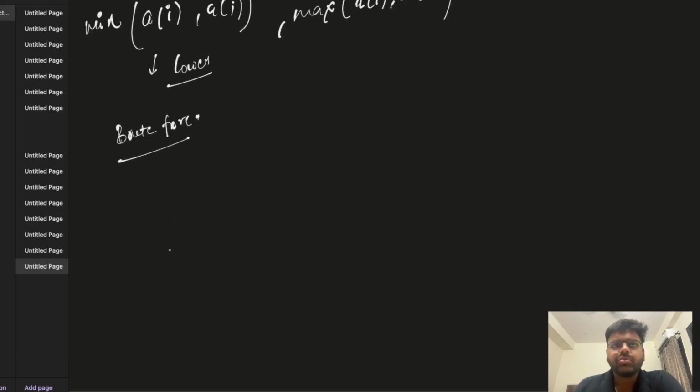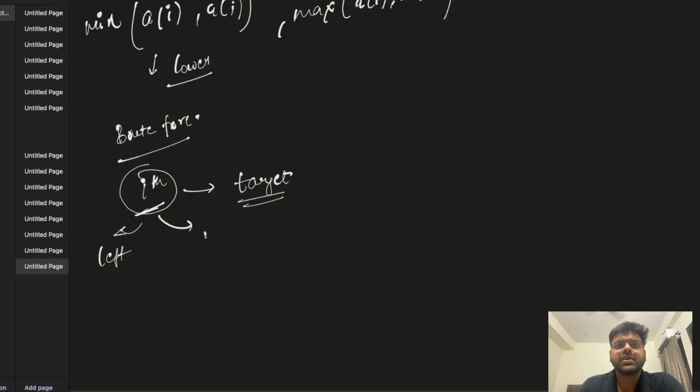Brute force says that for each particular index i, let's take this as my target position where all of the persons would be reaching. For this particular person, I'll see how many persons are towards its left and how many persons are towards its right. Whichever gives me the net minimum, for which I have to make the minimum number of calls, would be my answer.